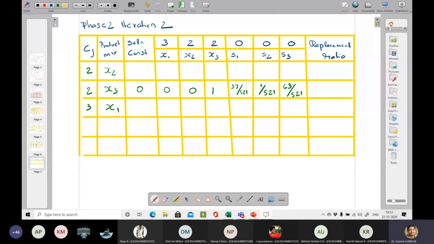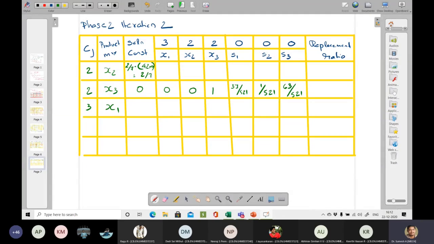Next is 63 by 521. So for the other non-key rows, the values will be: the first one is 2 by 7 minus 42 into 0, so that is 2 by 7.